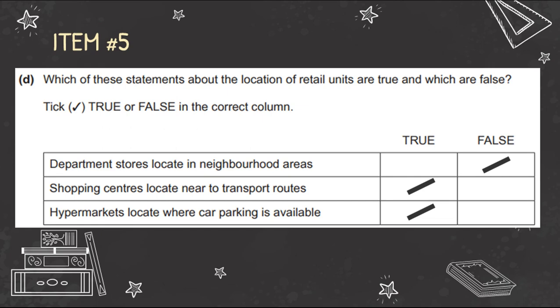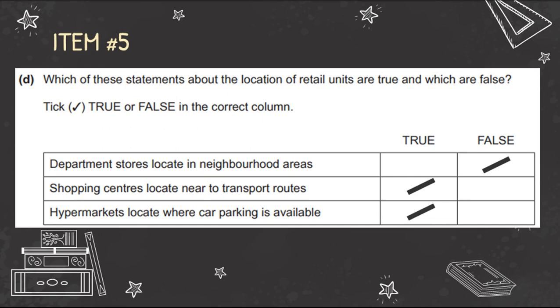Second item, shopping centers locate near to transport routes. Yes, it's true. By the way, a shopping center is also known as a mall. It can be a shopping complex, a shopping arcade, shopping plaza, galleria. They're all the same.